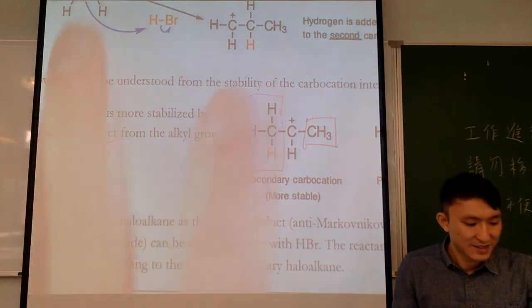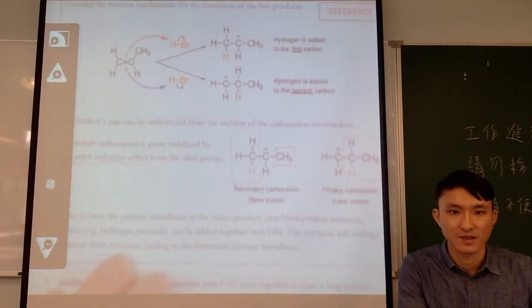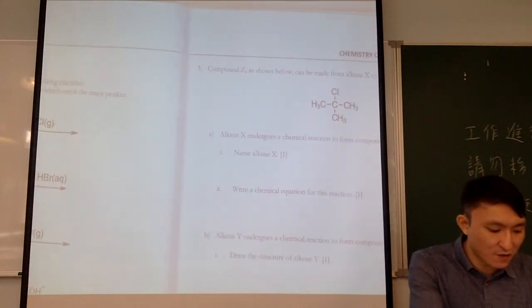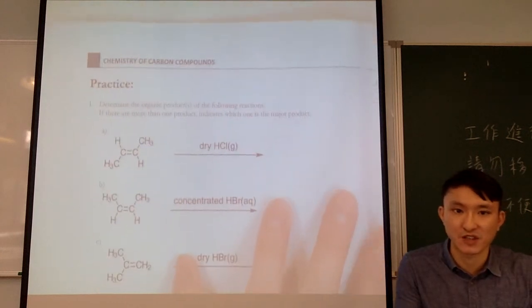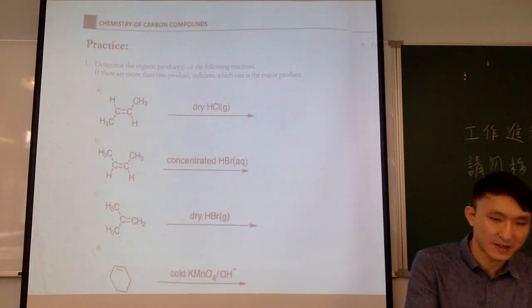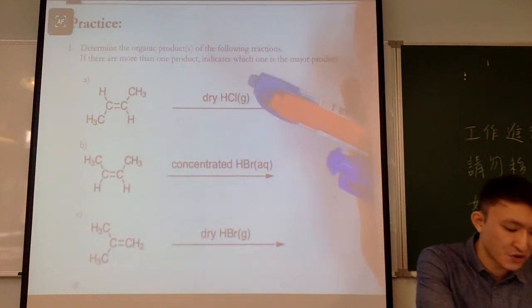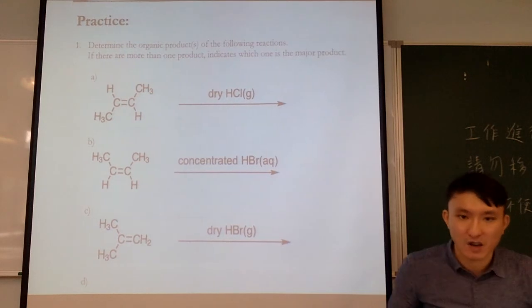So this is something new. Regarding the Markovnikov rule, there are some practice questions. Because this is something new, not in the fossil fuels and carbon compound topic, you need to be able to apply the Markovnikov rule.